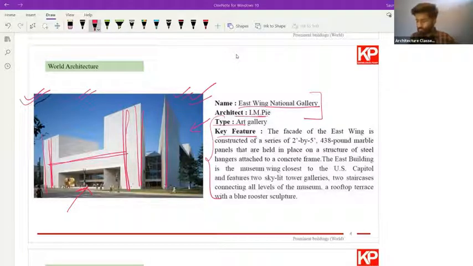Also, those students who have joined us late, after going through this class, go through the study material already uploaded on the app. It is Book 2, overview of world architecture. In that you will find the history of architecture, then these prominent buildings of the world and India. Access your study material from there.